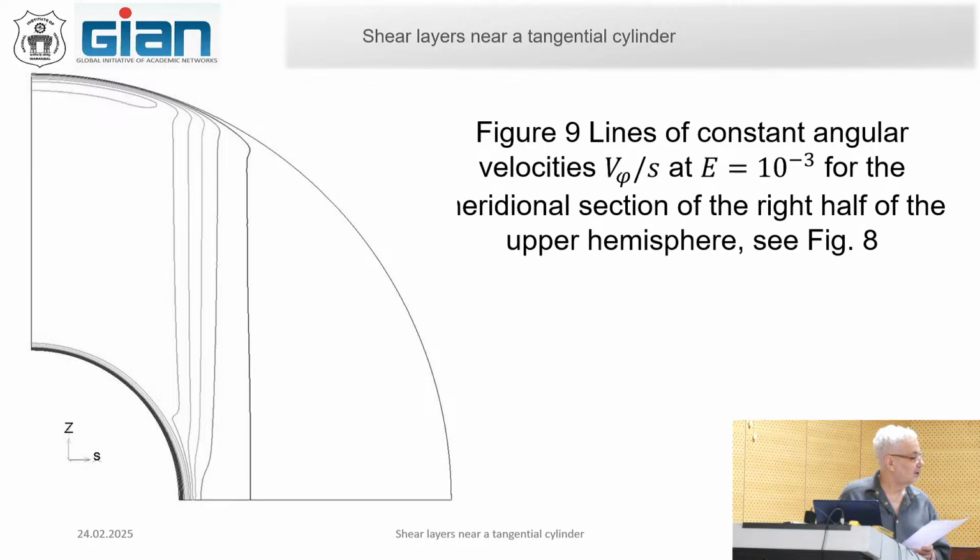This figure was a direct numerical calculation of the same situation. And you see that even for the Ekman number 10 to the minus 3, not that small, unlike in the Earth's core, where it's 10 to the minus 8 or 10 to the minus 15, we already have all this structure which we just discussed. All the structure appears here.